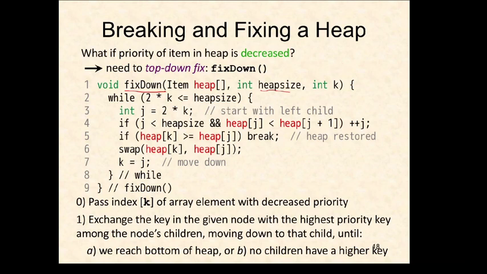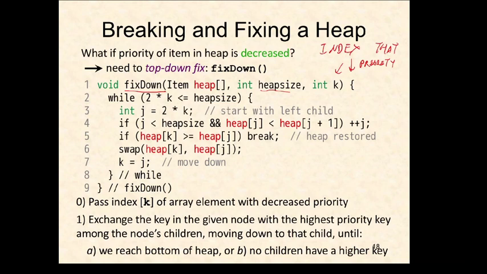So we've got k. K is still the index that changed, the index of the value that decreased in priority. We know the heap size and we know the container holding it.